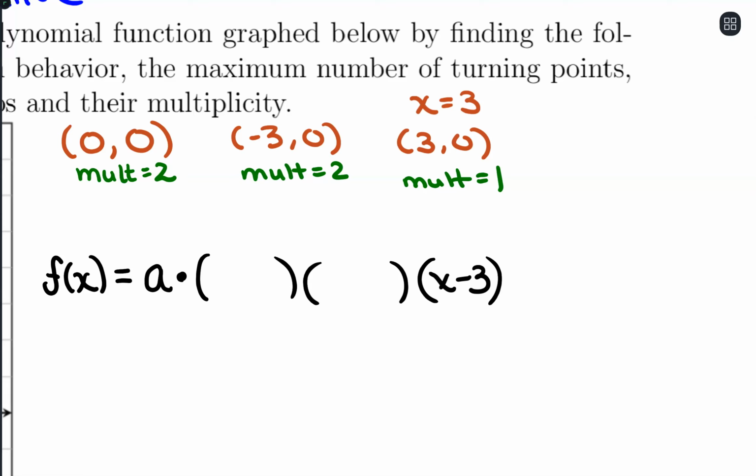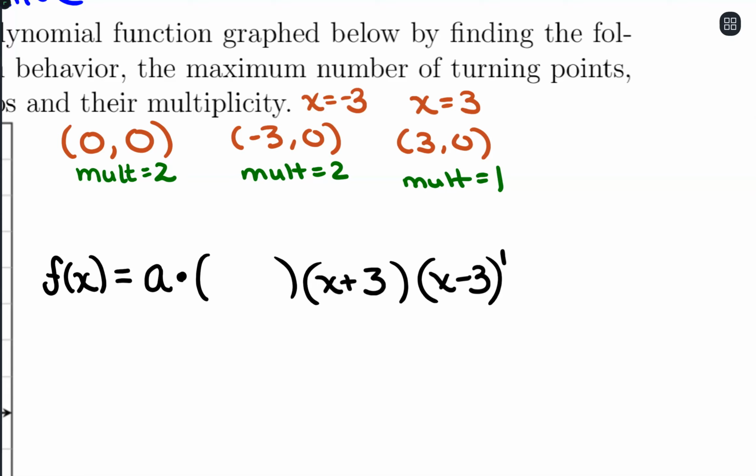So it switches sign as it moves between this factored form and solving for that coordinate. And then negative 3, 0 comes from x equals negative 3, and that's going to look like an x plus 3 in factored form.